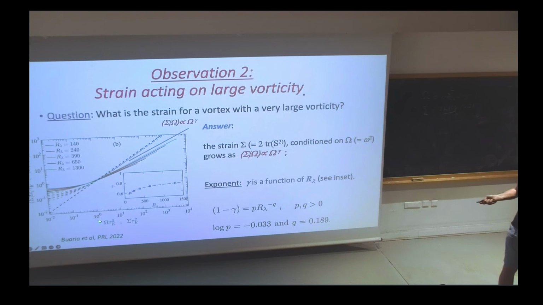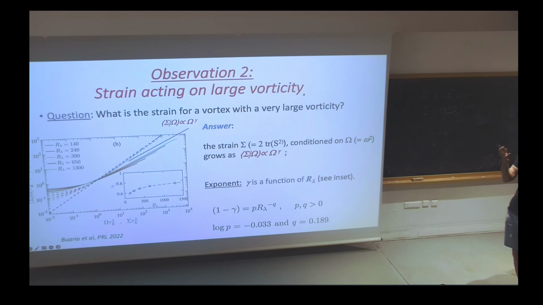So what we do here is condition strain on vorticity and make it dimensionless. These are the full lines here. And what you see is that there is some growth. When omega grows, the strain increases, but it increases slower than omega.